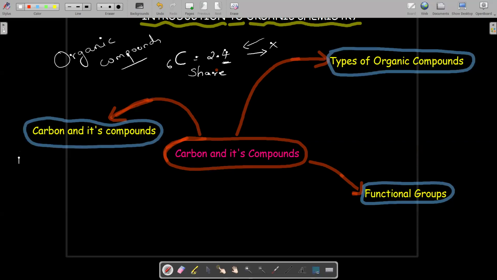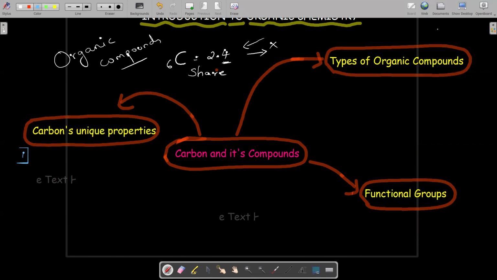So the first point under carbon's unique properties is that it forms covalent bonds. And how does it form covalent bonds?